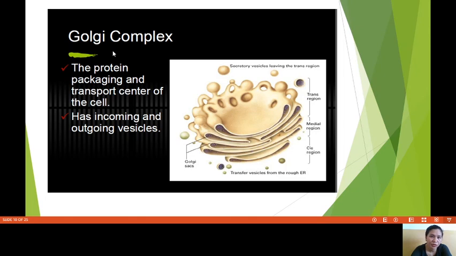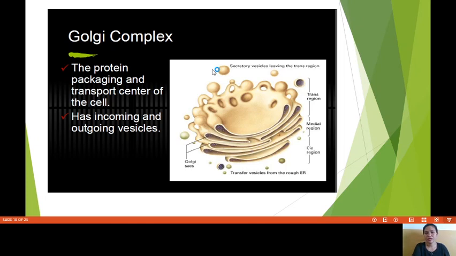Okay, next. Golgi apparatus or Golgi complex. The protein packaging and transport center of the cell has incoming and outgoing vesicles. What you should know about the Golgi complex is that it is the transport center of the cell.